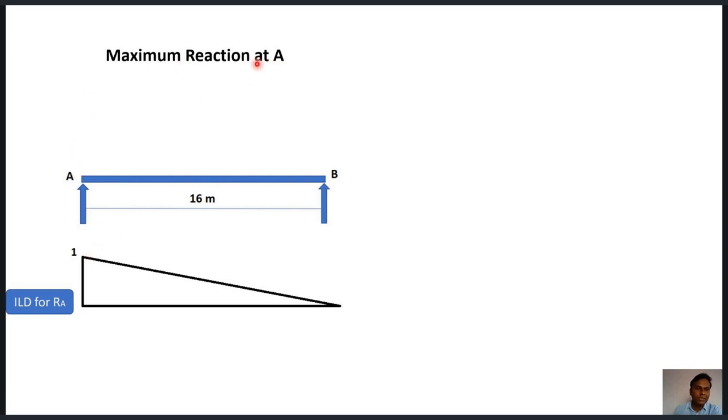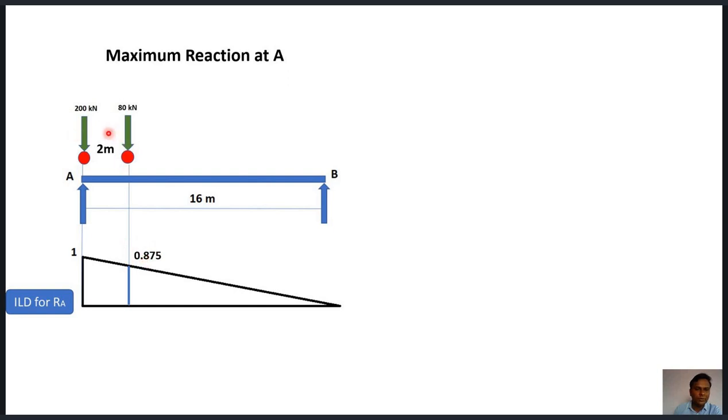Now in order to get maximum reaction at A, you should place your load over this maximum ordinate. So if you place the larger load, which is 200, at point A, and this 80 kilonewton 2 meter apart from point A, you can see that you are getting ordinate as 1 here and 0.875 here. For this position of the two loads, you will be getting the maximum ordinates, 1 and 0.875.